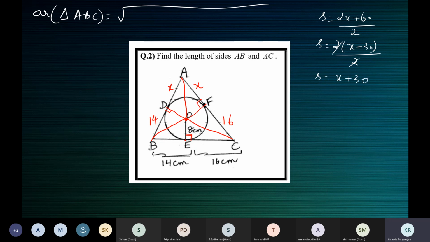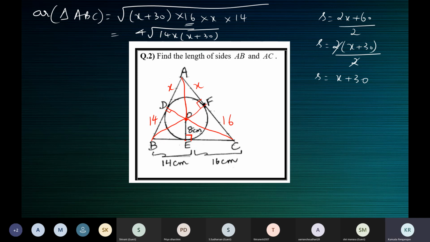And then S into S minus A, S minus B, S minus C. On simplifying, you should get x plus 30 into 16 into x into 14. So 16 will come out as 4, and then root of 14x into x plus 30. You can leave it like this. We don't have to multiply.